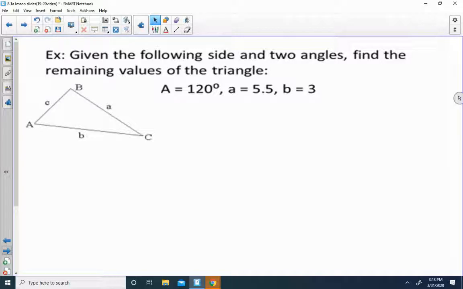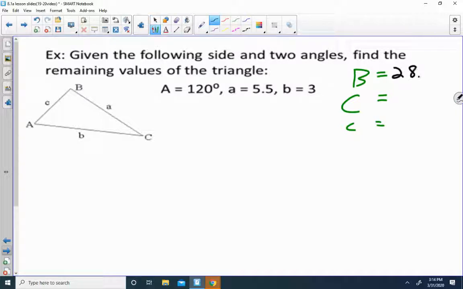All right, you should have resumed the video by now. So you probably guessed the sides that we're missing. We are missing 2 angles, big B and big C, and we're also missing little c. If you want to just go ahead and check your answer real quick, for big B, you should have 28.189 degrees.